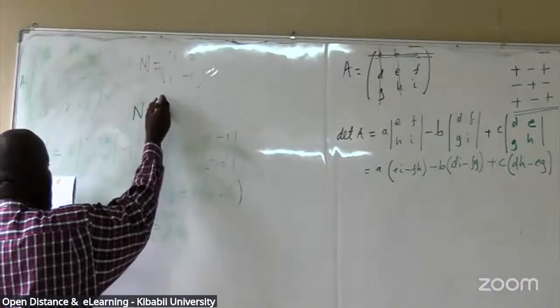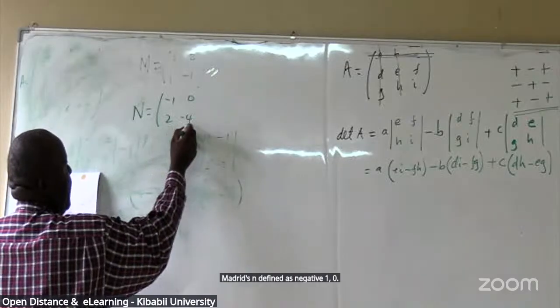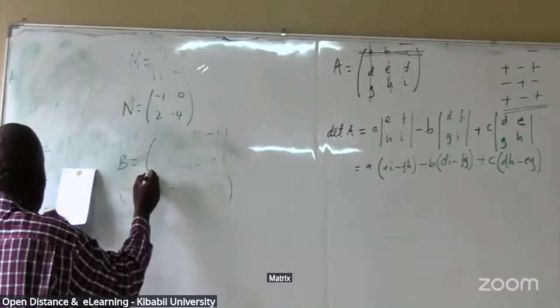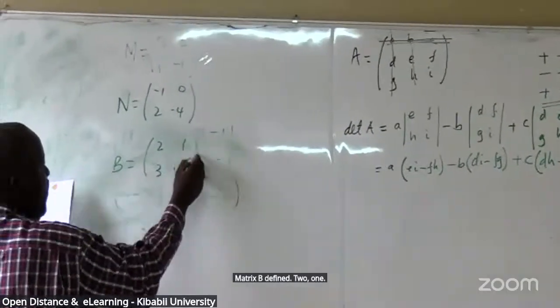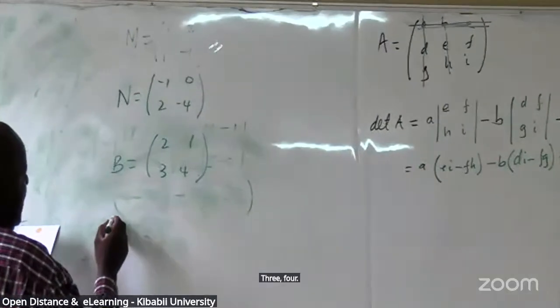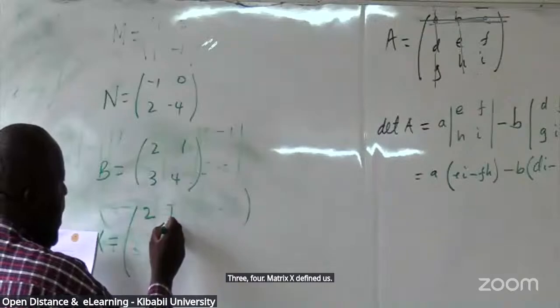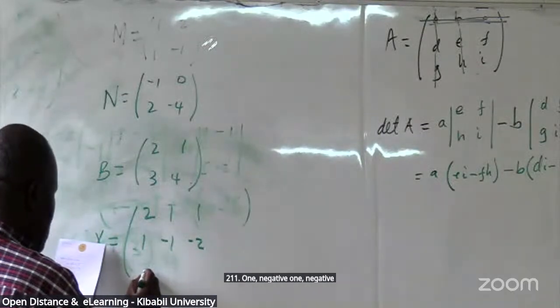Matrix N defined as -1, 0, 2, -4. Matrix B defined as 2, 1, 3, 4. Matrix X defined as 2, 1, 1, 1, -1, -2.